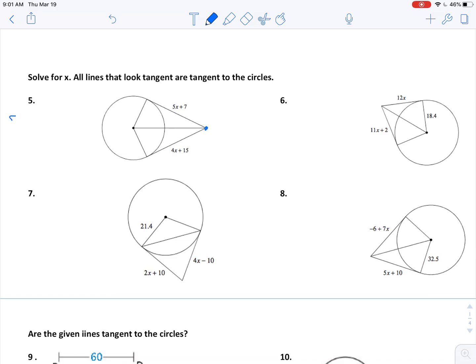These two measures have got to be the same. They've got to be equal. So 5x plus 7 must be the same as 4x plus 15. And then 1x must be 8, or x must be 8.